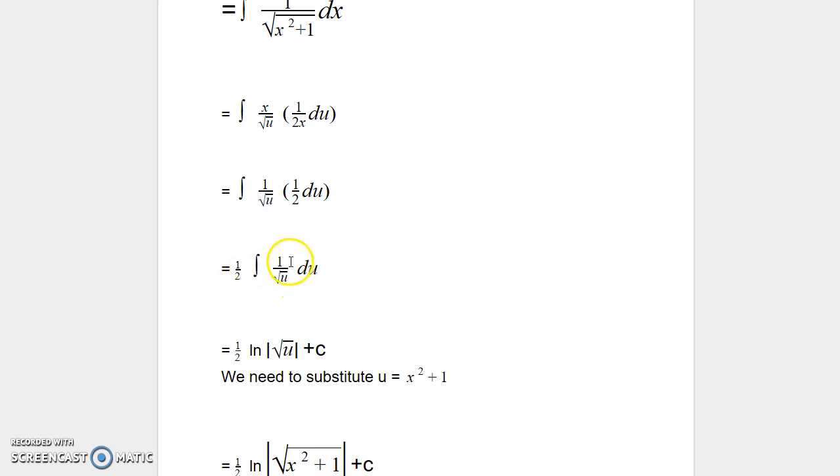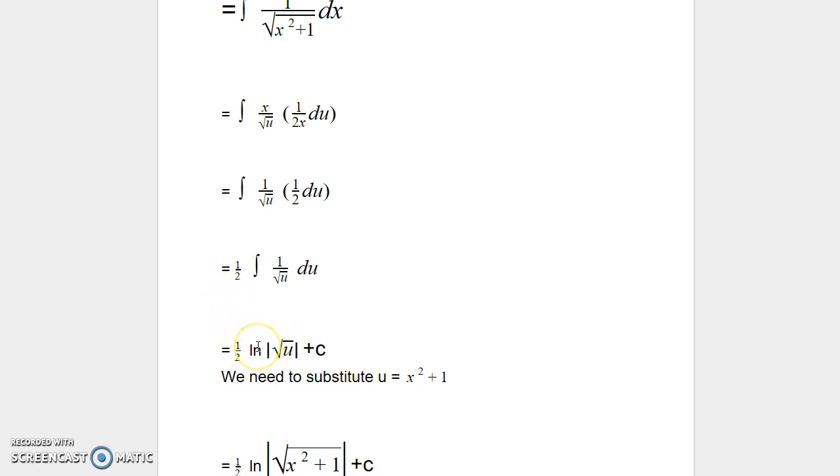So 1 over 2 integral, what we're left with here is 1 over square root of u du. We know that the integral of 1 over square root of u du is equal to ln of square root of u, like that, plus c.